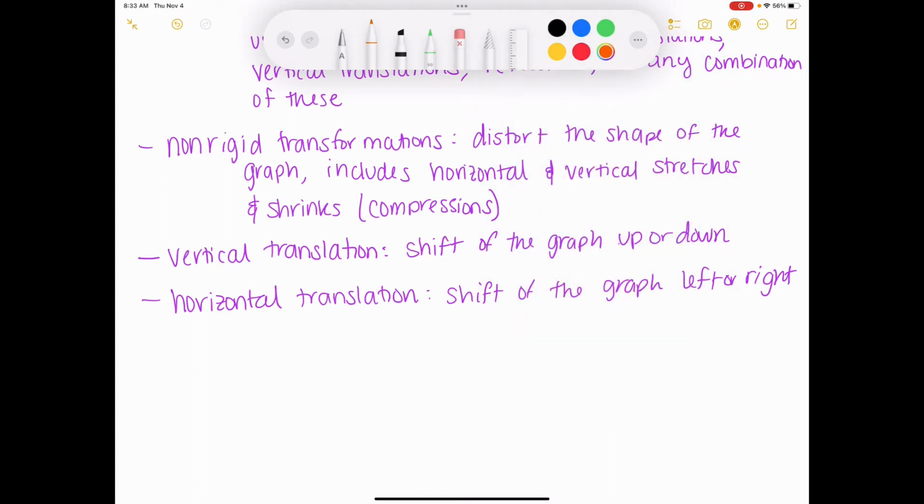All right, translations. Let c be a positive real number.